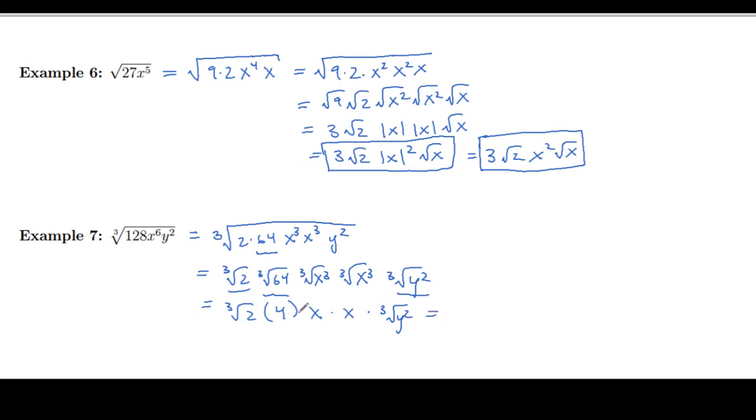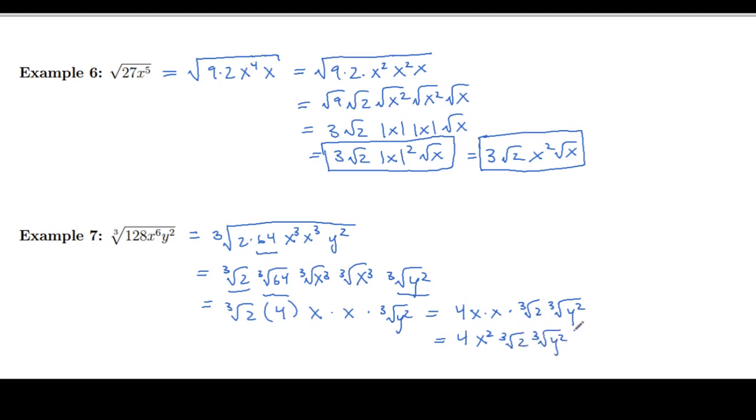So now we bring everything that isn't a cube root to the front. So this will be 4x times x times the cube root of 2 times the cube root of y squared. Okay, but this is actually the same as 4x squared cube root of 2 cube root of y squared.